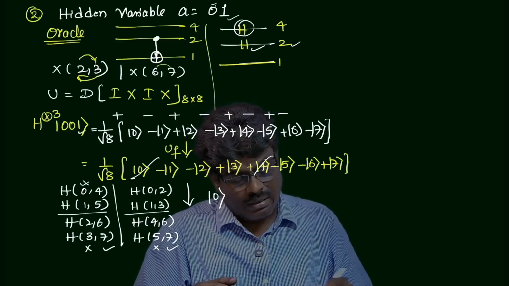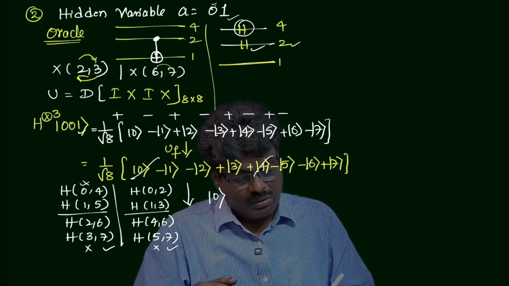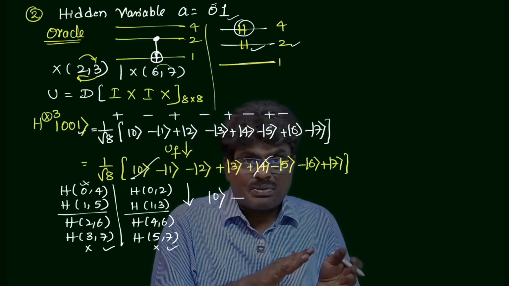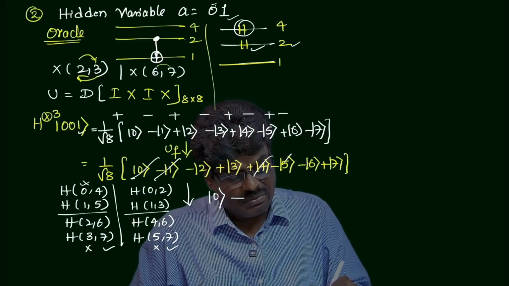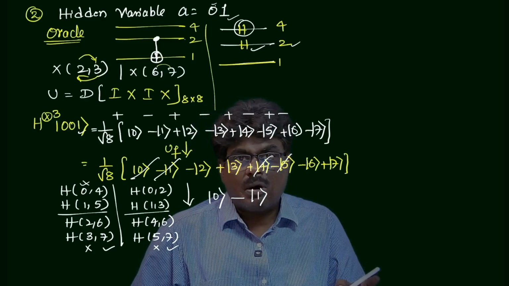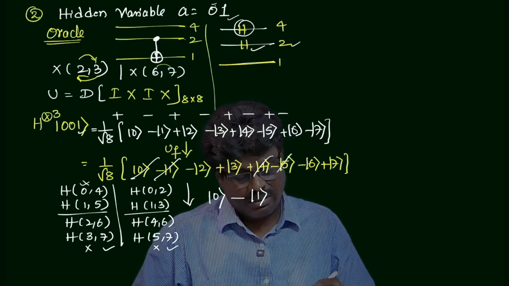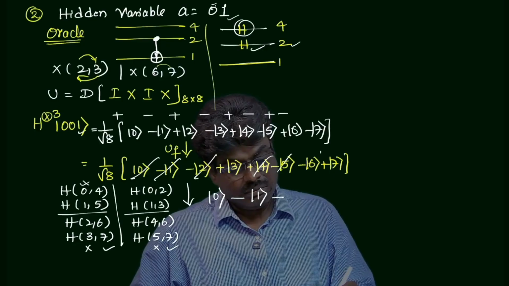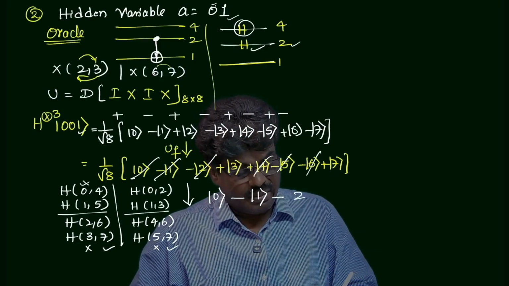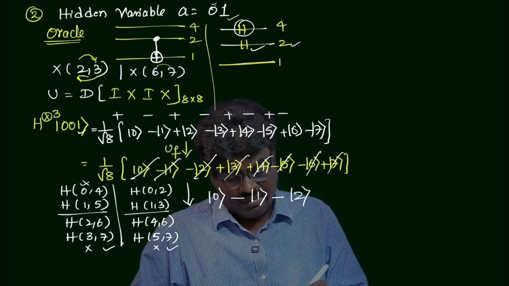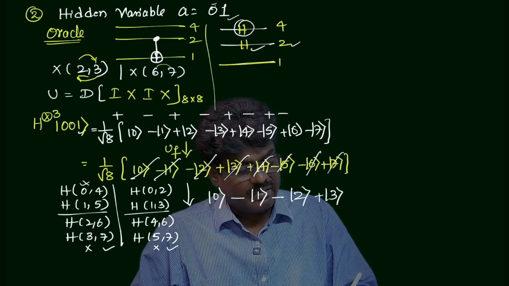Next one, 1 5. So I'm taking minus common. This time minus common, 1 plus 5 means off, that's why you have to take 1. Next 2 and 6 combination, again minus common, again 2 plus 6 I got, that's why minus 2. And the last 3 plus 7 off, that's why plus 3.